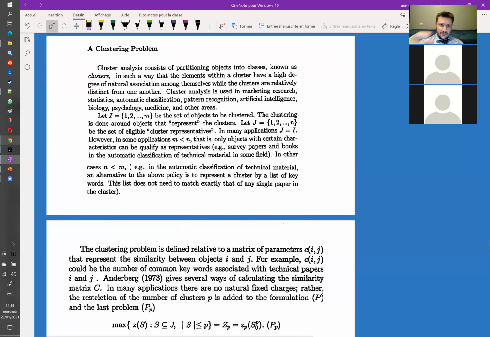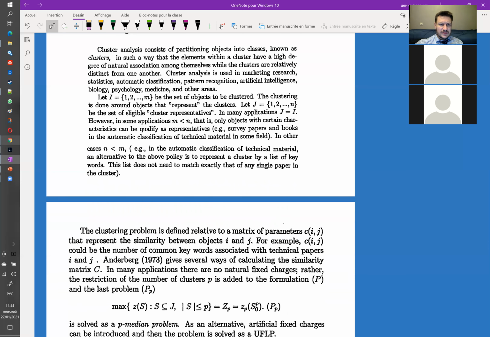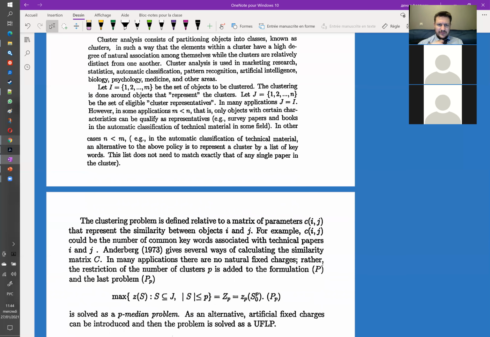Okay, so the idea here is that we have many customers, just as it is told here: cluster representatives, classifications. It's very similar to the k-means problem, or maybe some machine learning problems, but we're not going to discuss machine learning problems here.